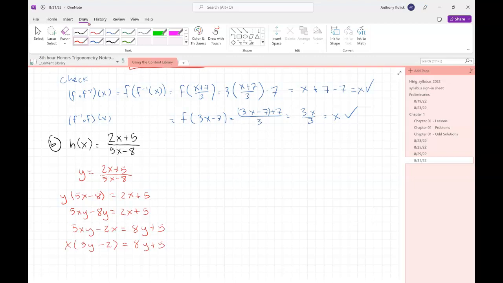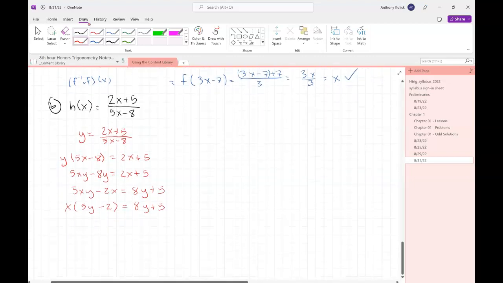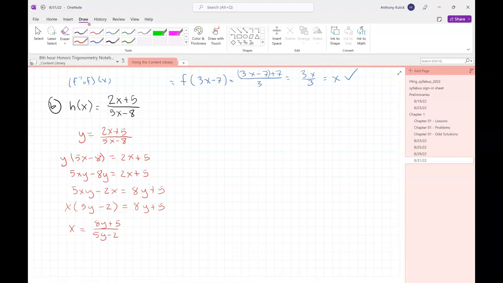Everybody's cool? And then I can divide both sides by 5y minus 2. Oops, I didn't call this f, I called it h. I don't know why I called it h, probably because my notes had it as h.